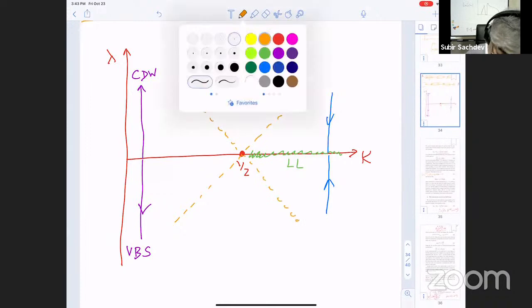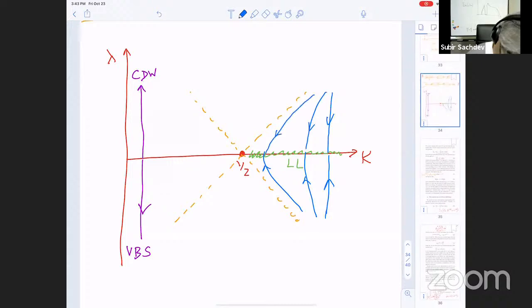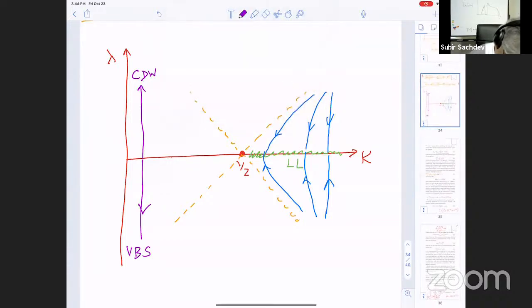So now if I look at the flows, they're not vertical. That looks fine here, but then as you get closer, they kind of turn in like this. And then for the purple side, they turn out like this.